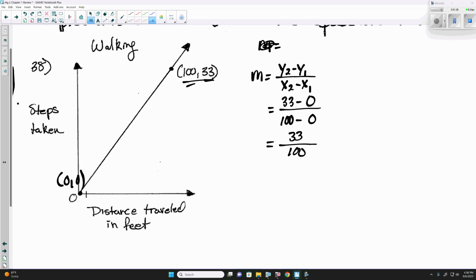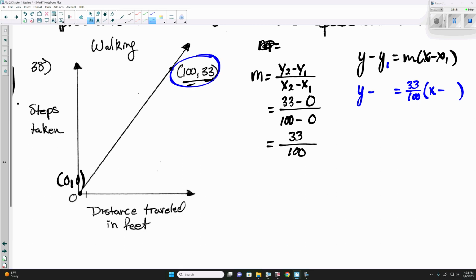And to find the equation of a line, now that we have the slope, we're going to use y minus y1 is equal to m times x minus x1, our point slope form. Now we do have the slope, it's 33 over 100. And the point we can use is either one of these here.